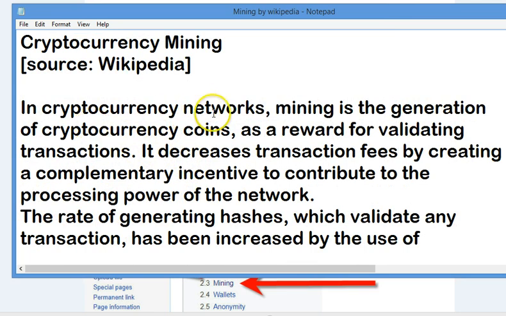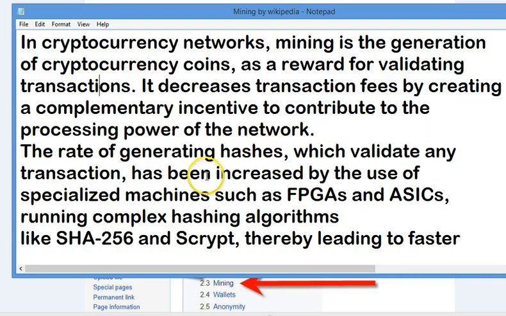In the cryptocurrency networks, mining is the generation of cryptocurrency coins as a reward for validating transactions. It decreases transaction fees by creating a complementary incentive to contribute to the processing power of the network.